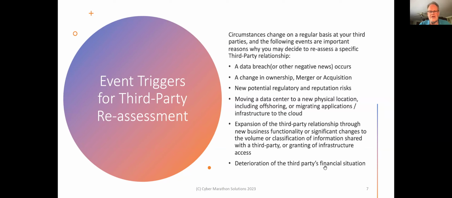Another aspect which at times gets neglected is how third-party relationships change over time. And one of the ways that they change over time is that how much you're asking a third party to do for you can directly impact the level of risk that's involved.